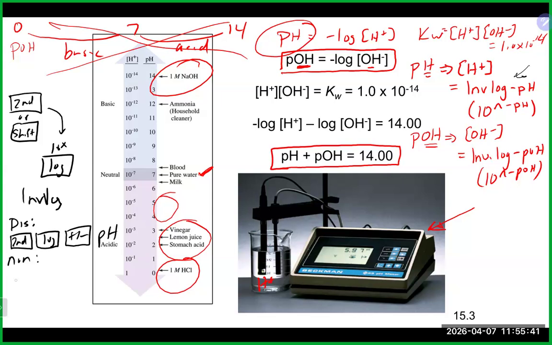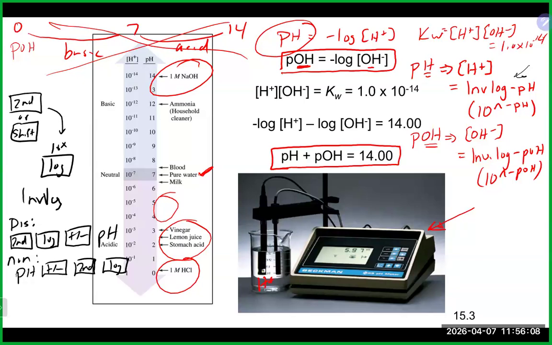So you got to go with your pH or pOH number. Then you want to make it negative. Then you want to hit second or shift, and then you want to hit the log button. It's not ln. It's the inverse log. So you got to hit the second and log button. That's the natural log. Other questions?